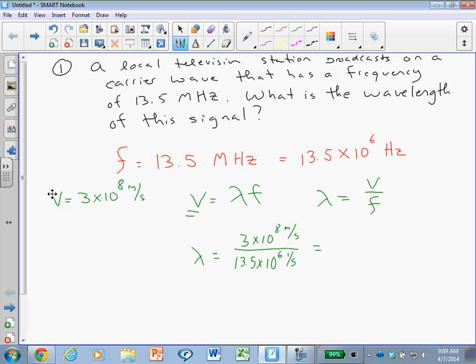So the 1 over seconds cancel, and you have meters. So 3 e to the 8 divided by 13.5 e to the 6 is 22.2 meters.